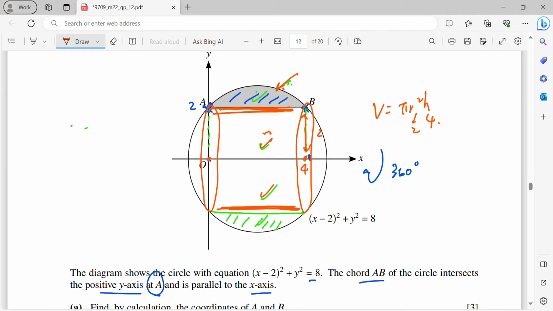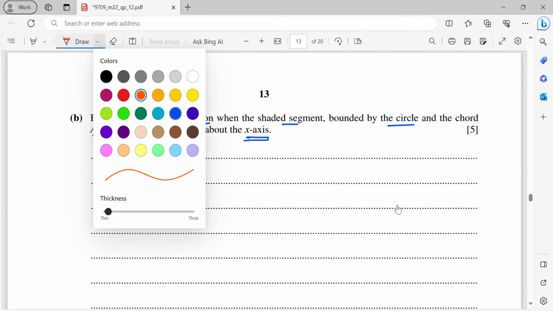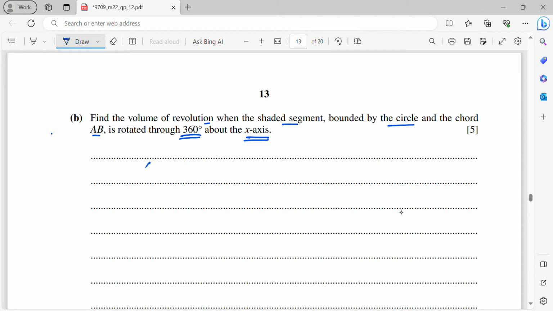Now I will integrate y squared from the circle equation with respect to x. My volume will be pi times the integral of y squared dx, with x from 0 to 4. Then I have to subtract the volume of the cylinder using this formula. From the circle equation, (x minus 2) squared plus y squared equals 8.